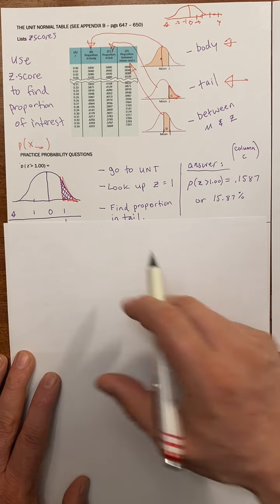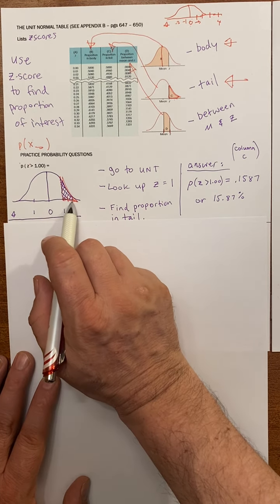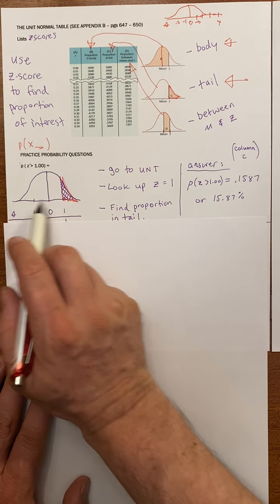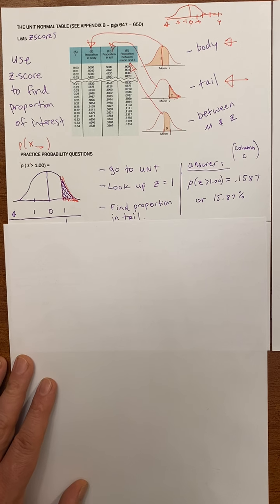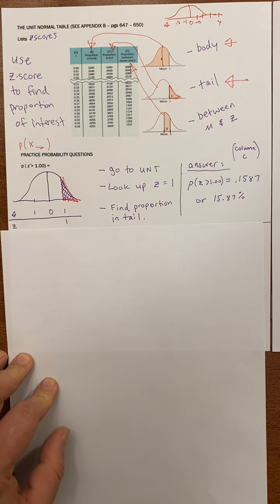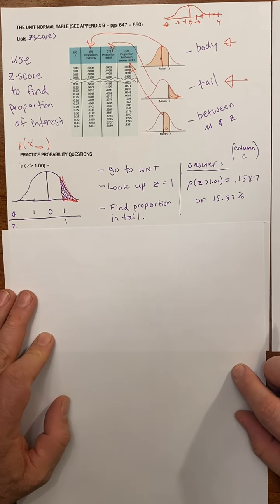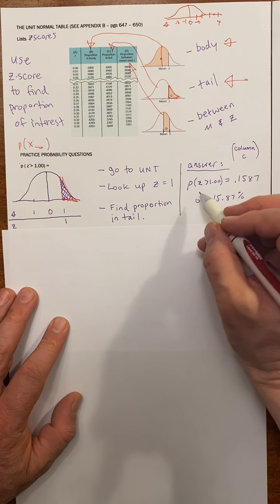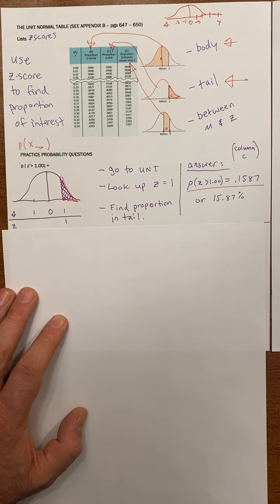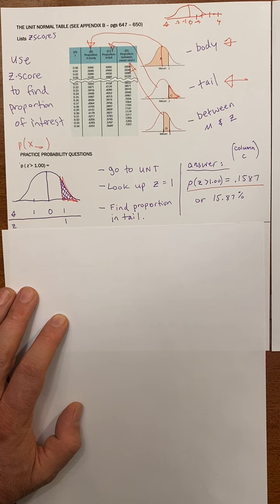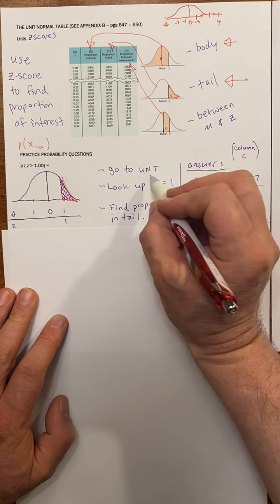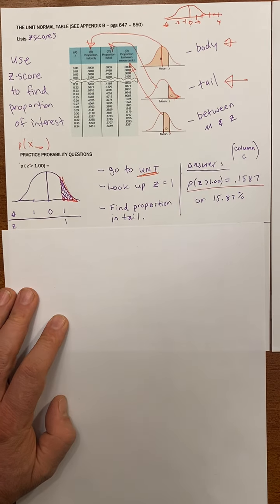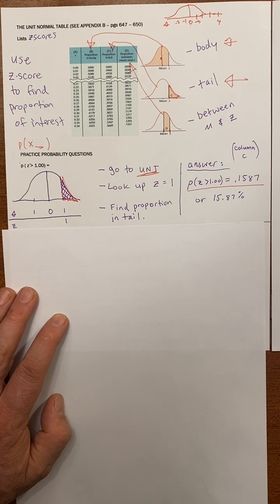Another way to say that is 15.87% of this entire curve is this chunk right there. So that's the type of problem that we're going to have. This is the kind of answer that you'll be looking to provide, and you'll also want to show how you got that answer by using the unit normal table.